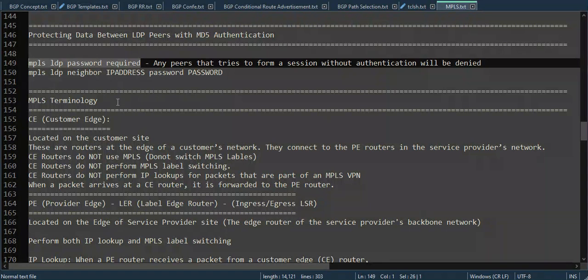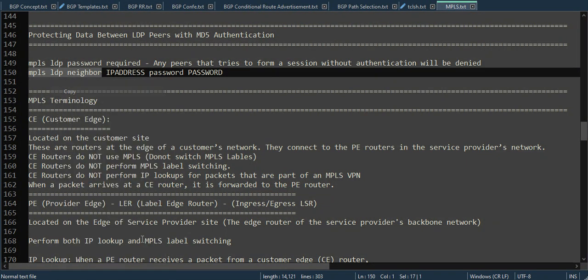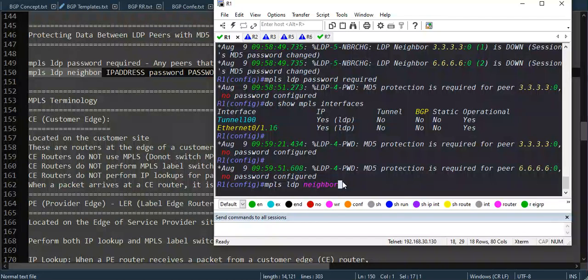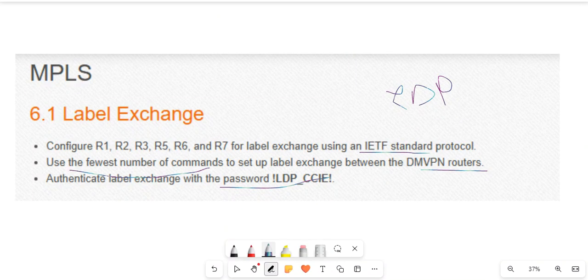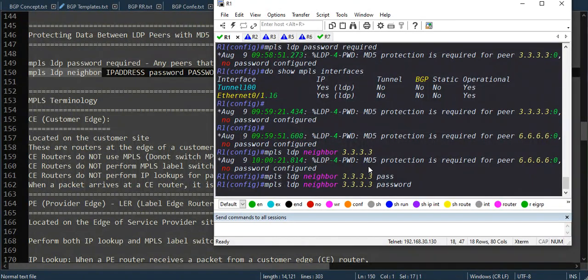Then I have to specify this command, MPLS LDP neighbor, specify hub R3, password is LDP.